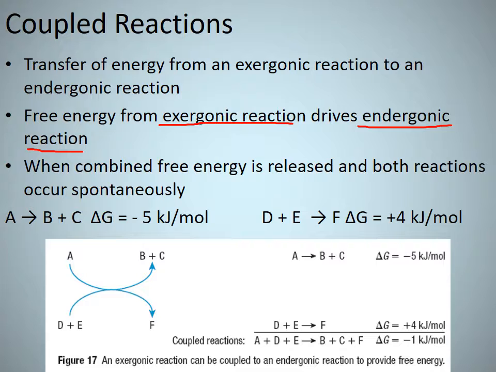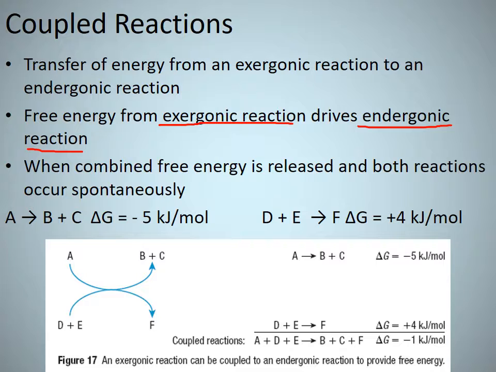So combining more than one chemical reaction here, an exergonic and an endergonic, we call this coupled reactions, only because when both of them are coupled together, the amount of energy that's going to be used in the exergonic reaction is enough to drive the endergonic reaction here.